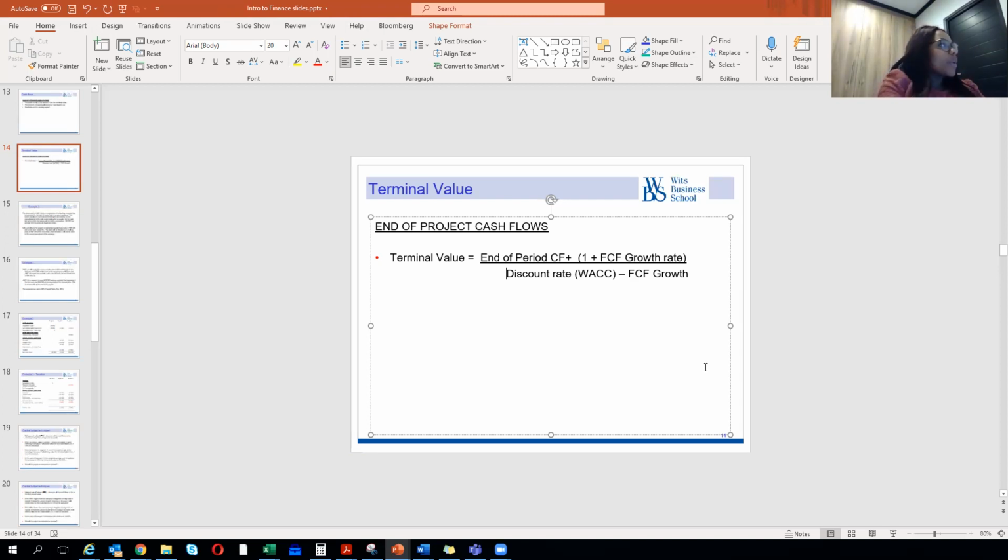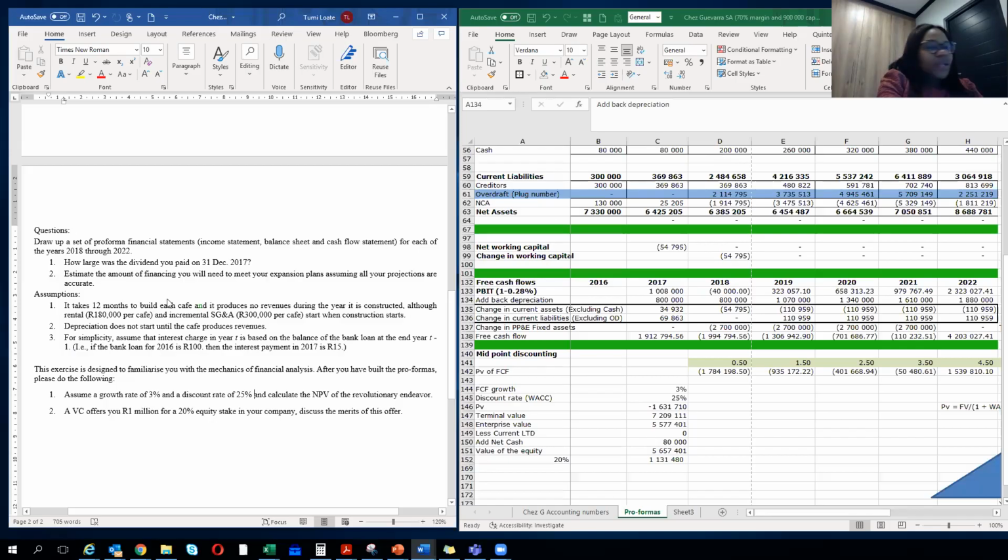What they tell you in the question, if we go back to the question, is we need to make an assumption here that there's a growth rate after these few years of 3%.